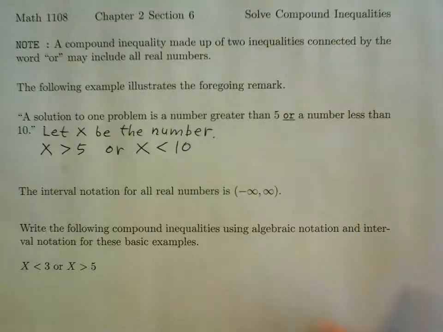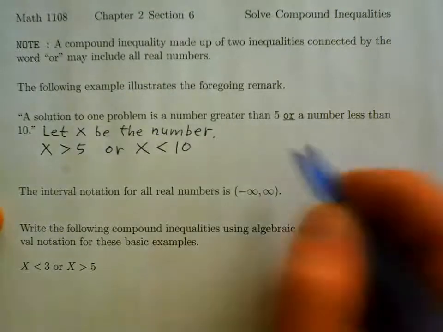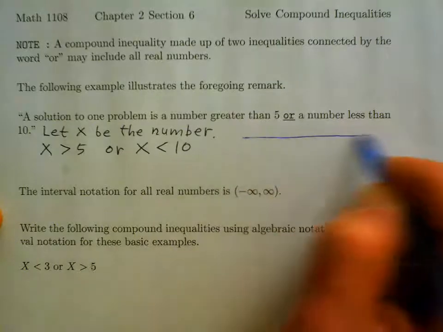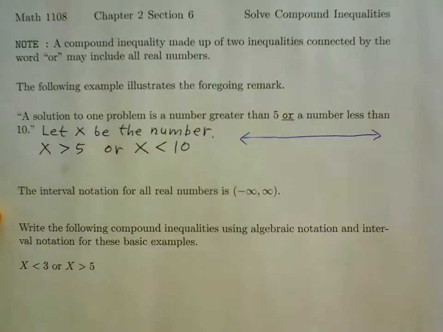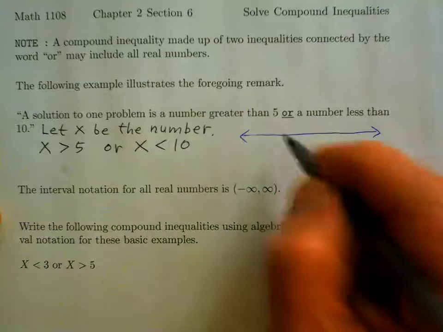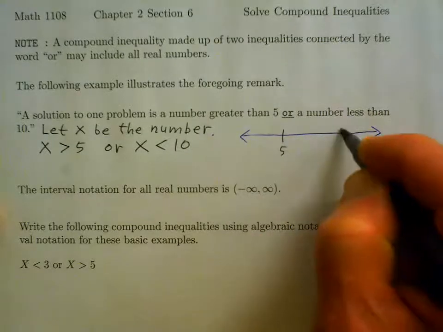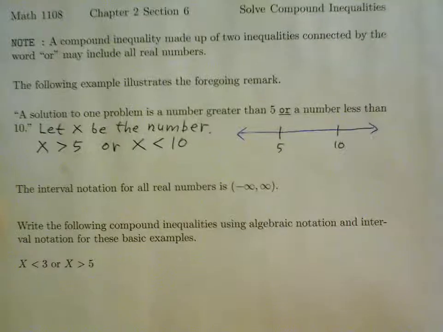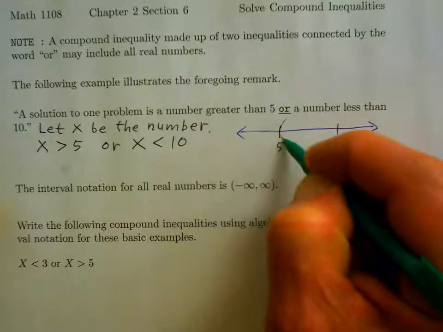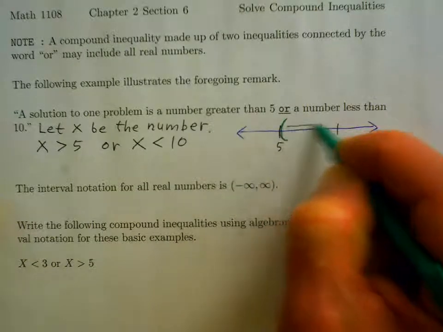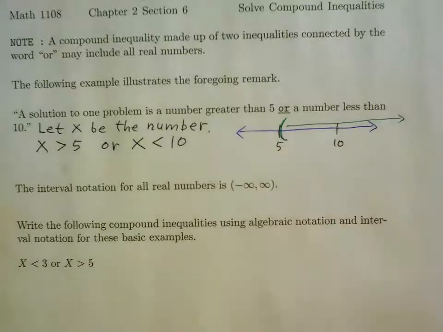Sometimes it helps to sketch a graph of the solution. So we'll plot the numbers 5 and 10. So if x is greater than 5, those are all of the numbers to the right of 5 on the number line.